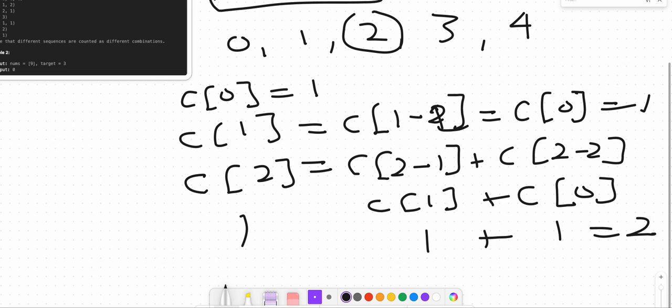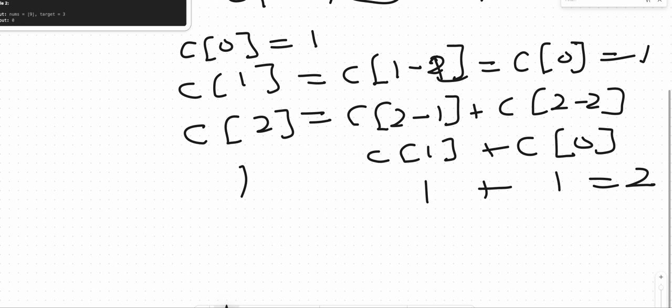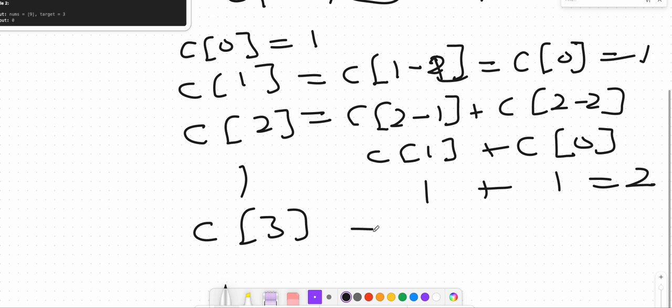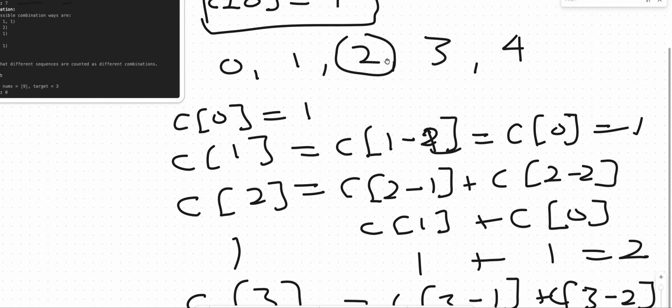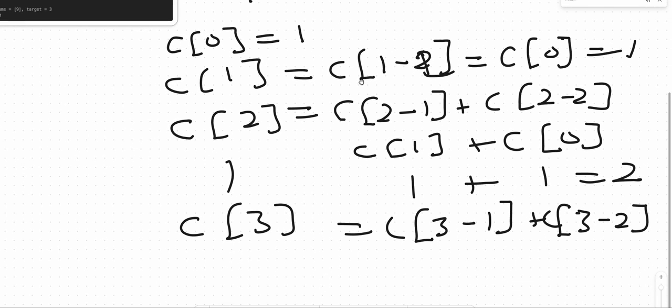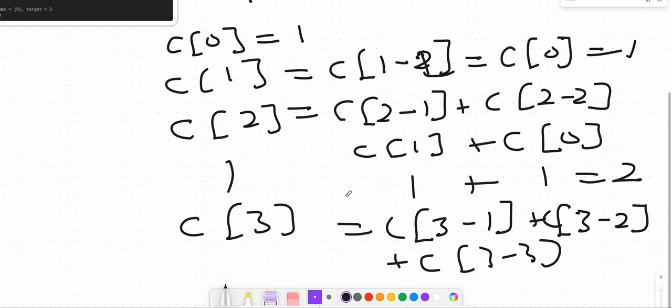C of 3 is equal to C of 3 minus 1, plus C of 3 minus 2, plus C of 3 minus 3.